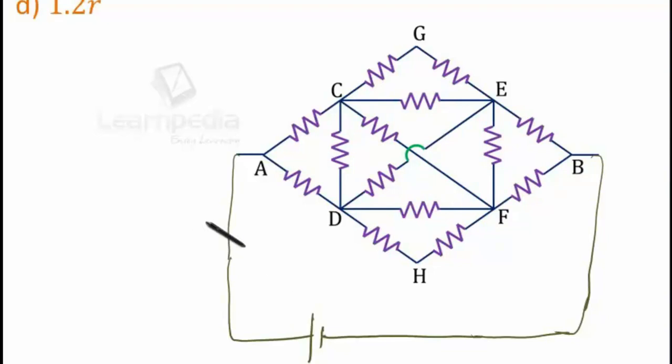Let us suppose I is the current from the main branch. Then at the point A, the lower and upper half will each receive the same current, I by 2.